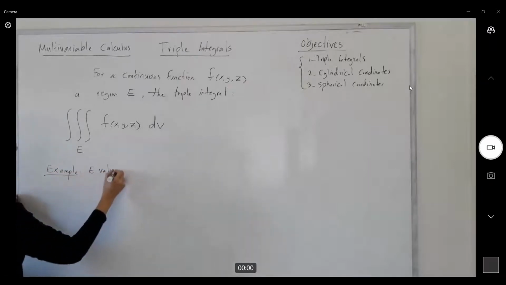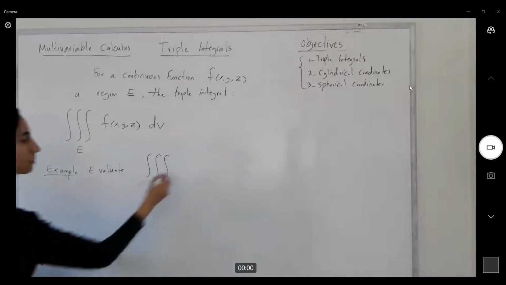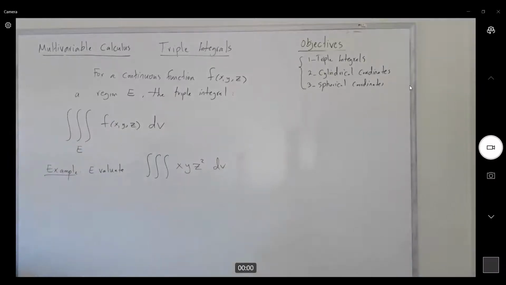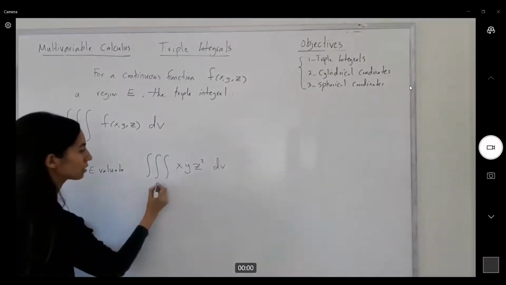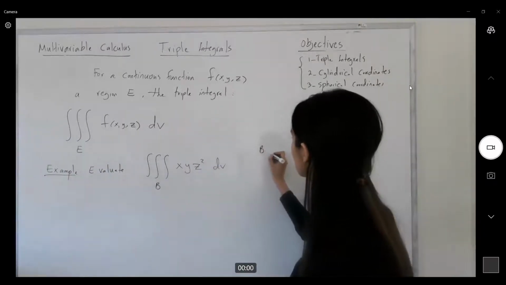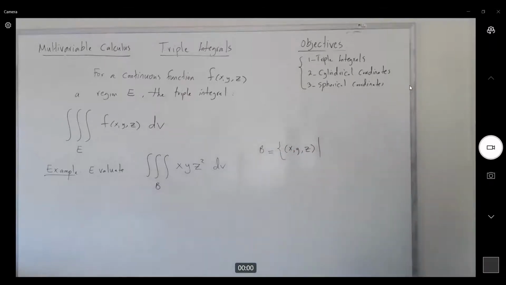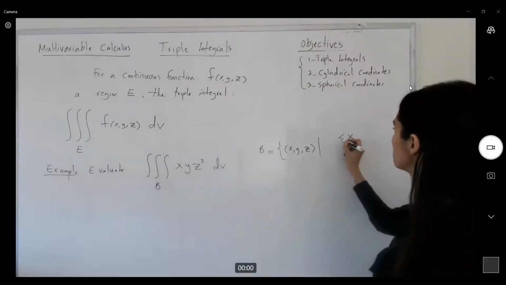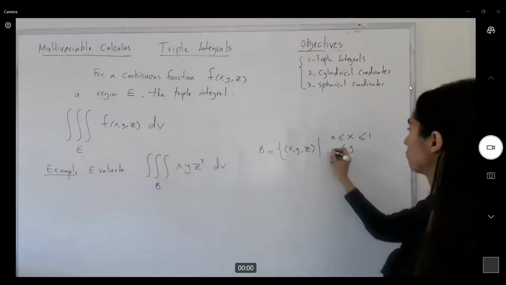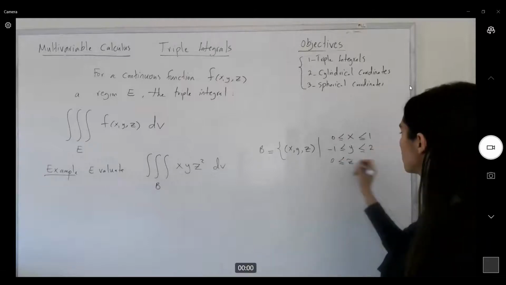Evaluate the triple integral of the following function: x y z squared dv, defined on a box, where V is the set of points x, y, z such that x is between 0 and 1, y is between -1 and 2, and z is between 0 and 3.